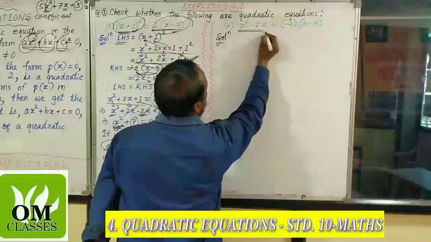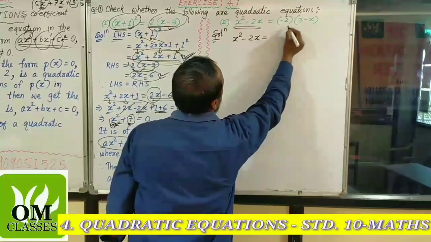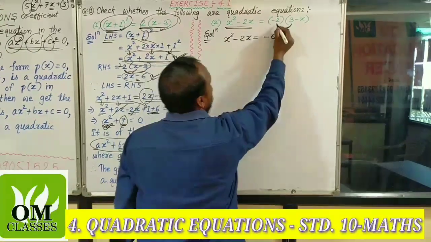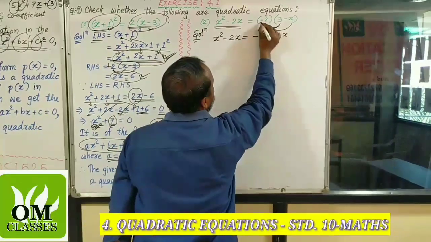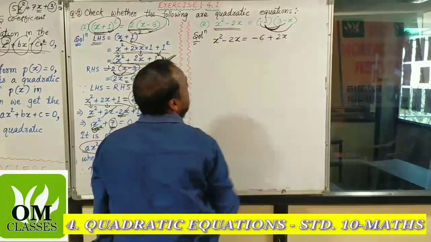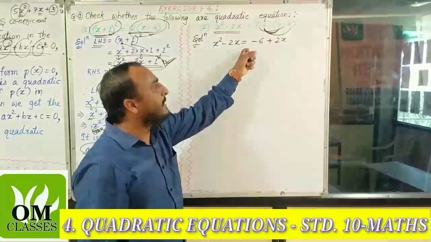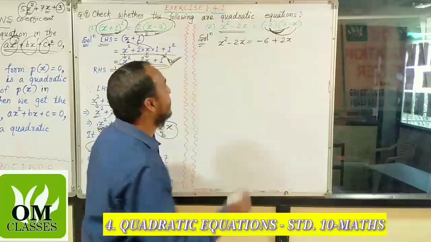Like we cannot solve this, so it will be written as it is. Now minus 2 into 3, it becomes minus 6. 2 into x, 2x, and this minus minus means plus. So dear students, you have x square minus 2x is equal to minus 6 plus 2x.